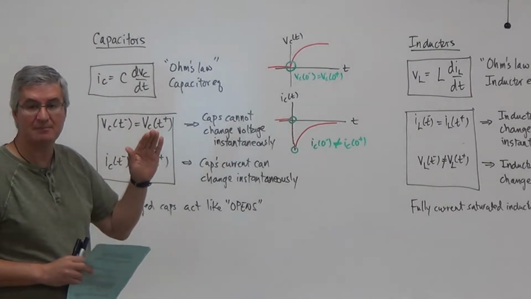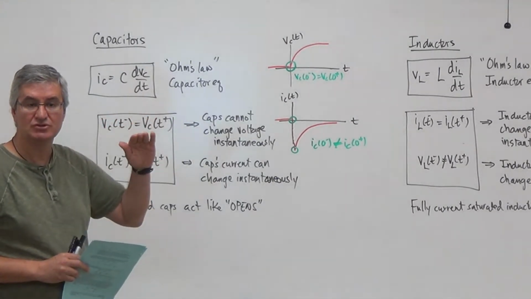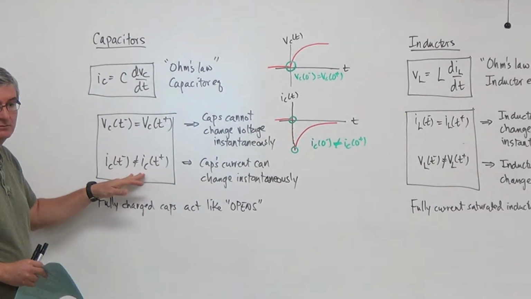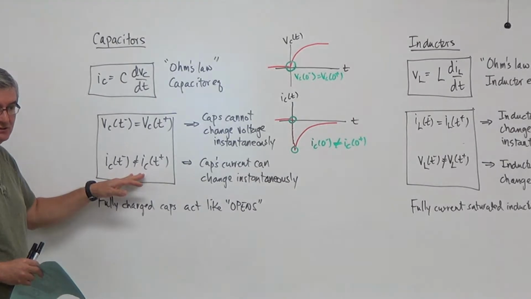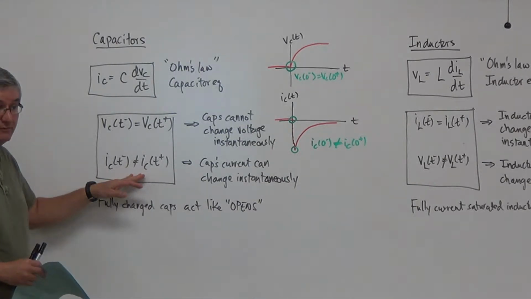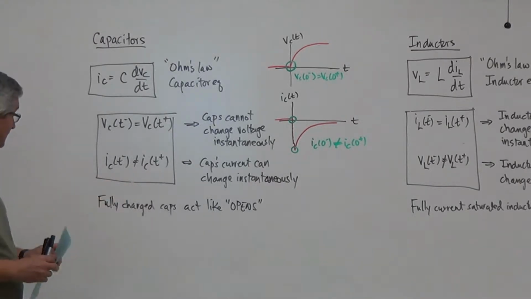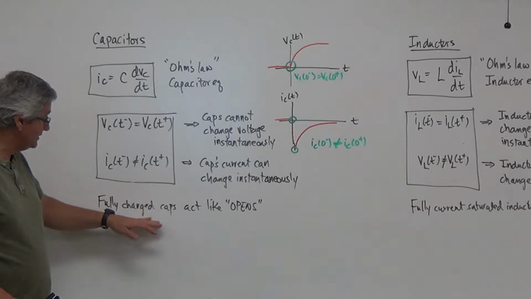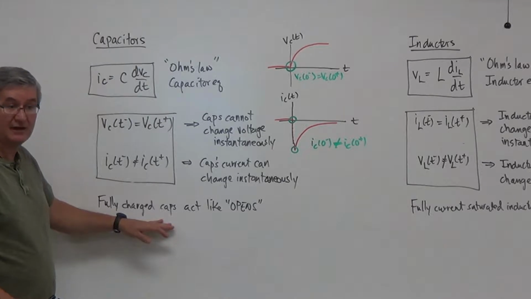The RC time doesn't allow you to change instantaneously. Not true of the current. The current can change instantaneously. There are a few exceptions, but the vast majority of the time it does change instantaneously. And you'll see that any time I have a fully charged capacitor, it acts like an open. So I can literally replace it with an open.